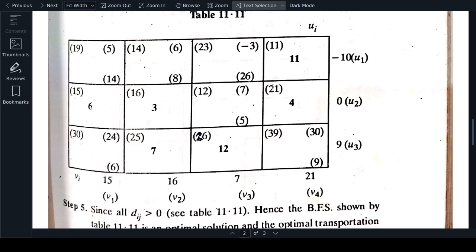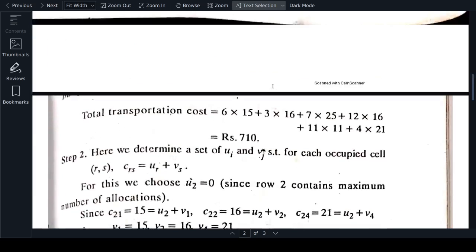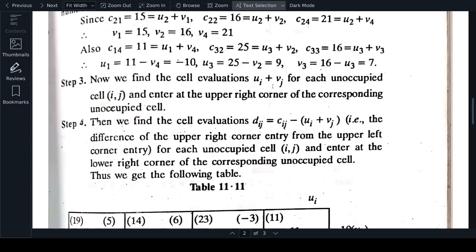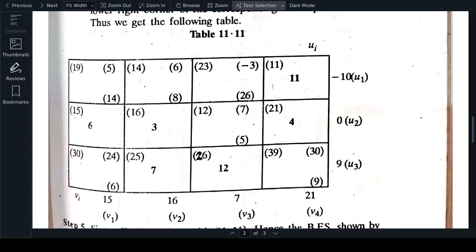Next occupied cell, C14, cell number 1,4. The cost is 11, within the bracket. So U1 plus V4. The next occupied cell is C32, cost 25, and C33, cost 16. So U3 plus V3.